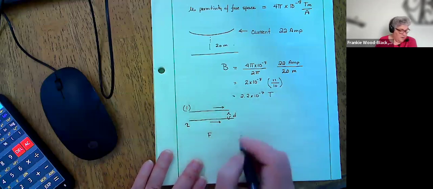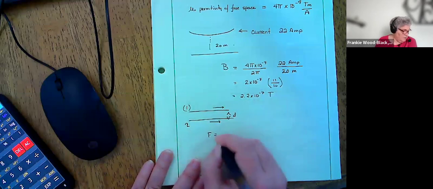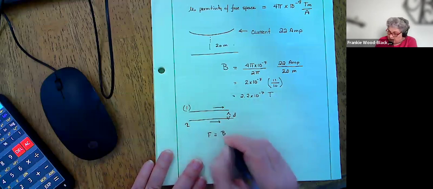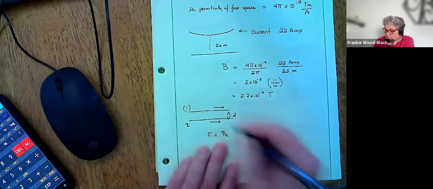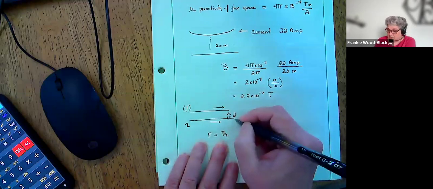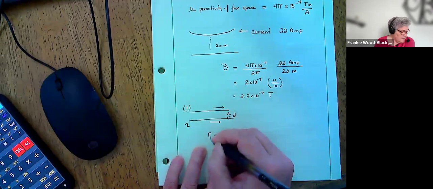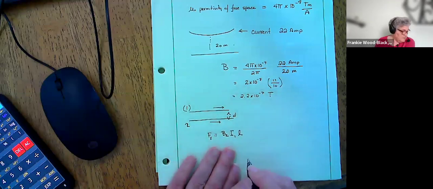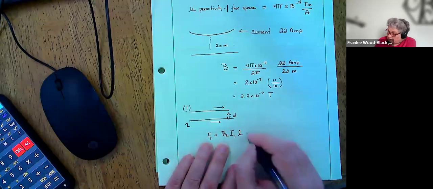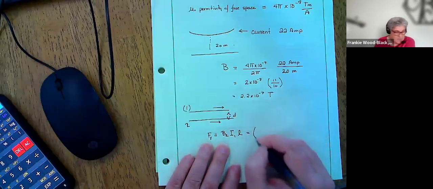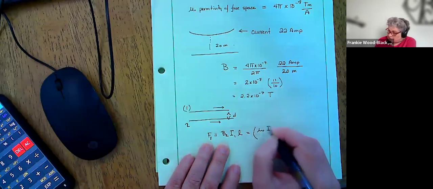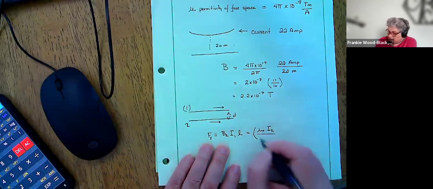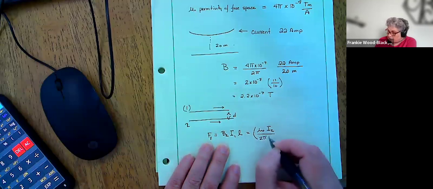The force due to 1 is going to equal B of 2. So whatever magnetic field that one is generating, the current in 1 times the length. But we just figured out what that B is. That B is my permittivity of free space. The current in 2 divided by 2 pi. The R is the distance between.